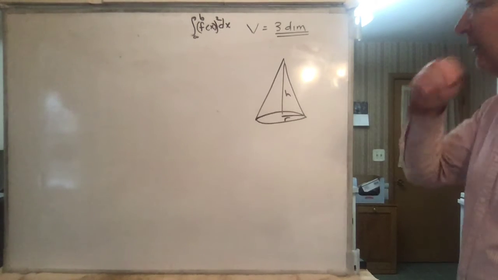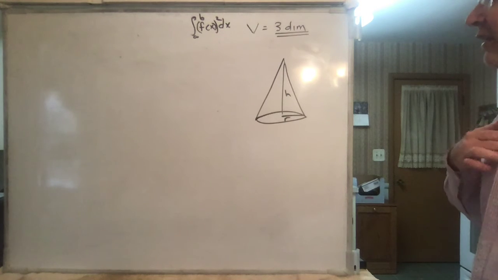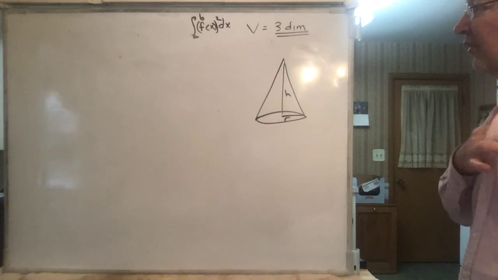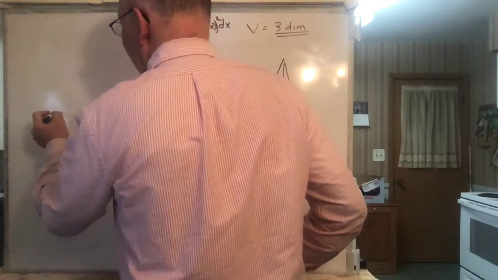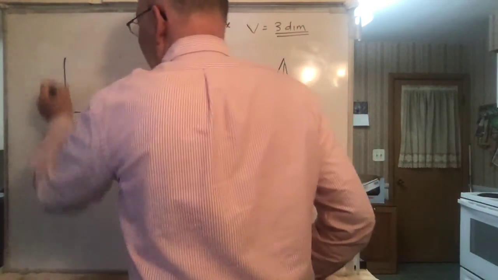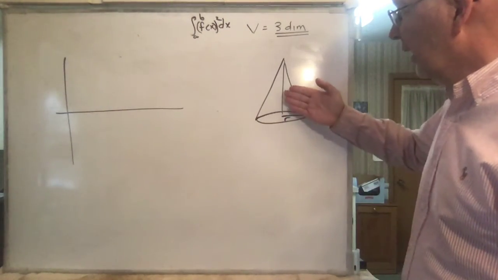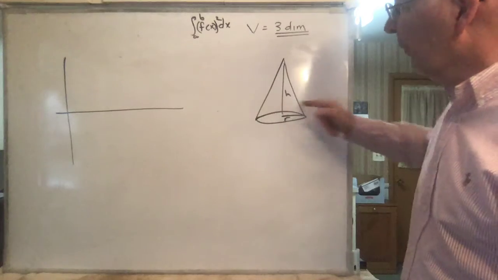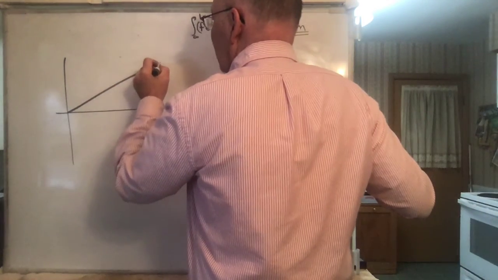Well, the hardest part, again, I know just from experience of calculus, is often not performing the calculus. It's just knowing all the things you need to bring into a calculus class, and also just using your imagination. You need to come up with some sort of a function that when I take it around the x-axis, I get myself a cone. The easiest one for me is just this one right here.